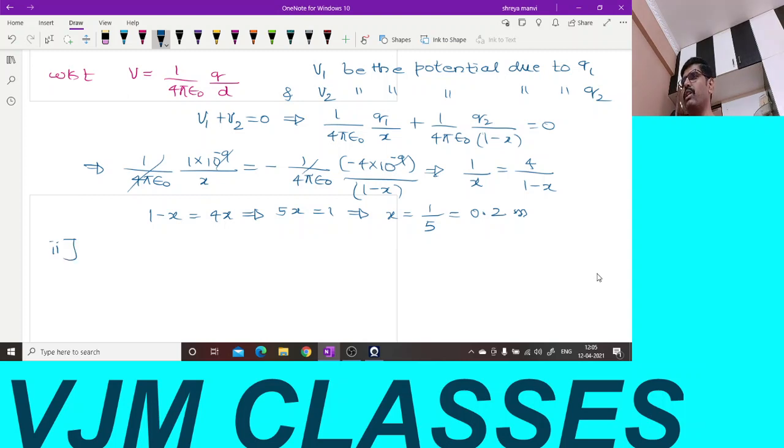As I told you, the potential can be 0 between the line joining charges or outside. Let x be the distance at a point outside the line joining the two charges. So again observe the diagram.